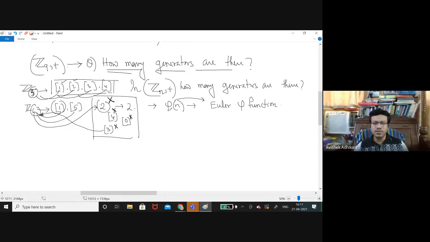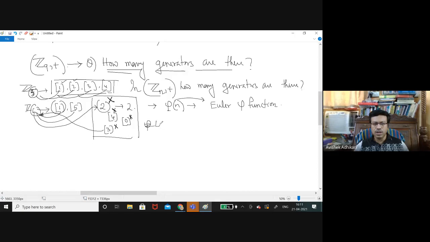So the question is, what is Euler phi function? Can anybody define what is Euler phi function? Have you done this Euler phi function in any of your courses? You may not have encountered it. The definition is very easy.